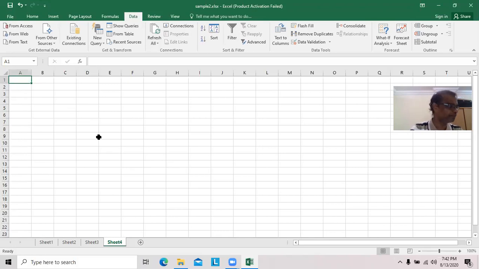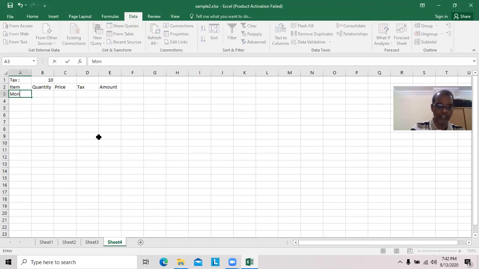Here I type tax. Here assume some percentage, 10%. Here some item is there, quantity is there. Here price is there. Here tax amount, and then here amount. For example, assume we are running one computer sales shop.